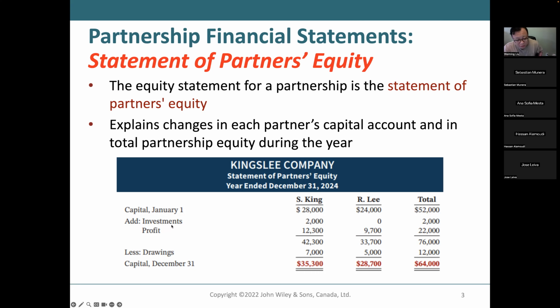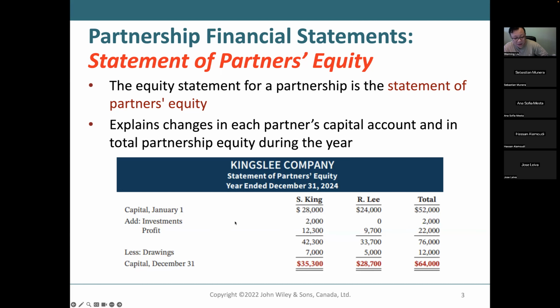And during the year, the investment makes some money, $2,000, according to the partnership agreement. That goes to King, probably because King has most of the contribution on that.